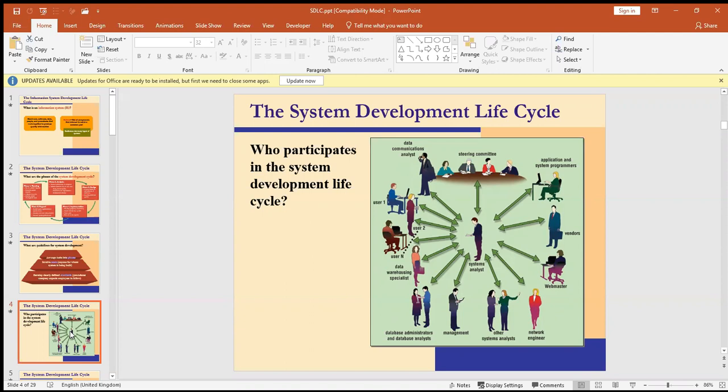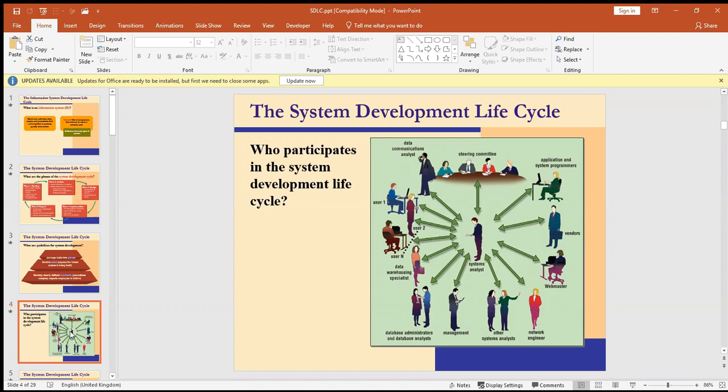Then, what does the management do? Of course, in most cases, for anything to see the green light in an organization, it must get management support. Why? Because failure to get management support means that even getting the resources we talked about will be just a nightmare. That's why it's always important to have management on board, to make management appreciate the relevance of having such a system in place.